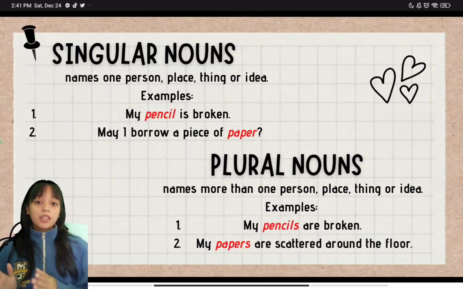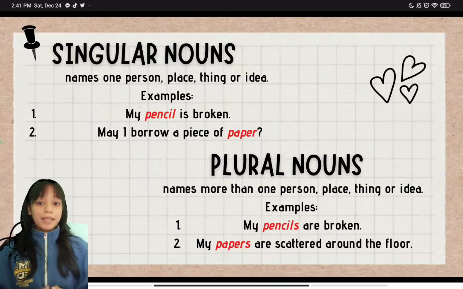So the pencil became pencils. So pencils is now a plural noun. Another example is, my papers are scattered around the floor. So the paper became papers and is now considered a plural noun because it ends with an S. Because it's many, it's more than one.